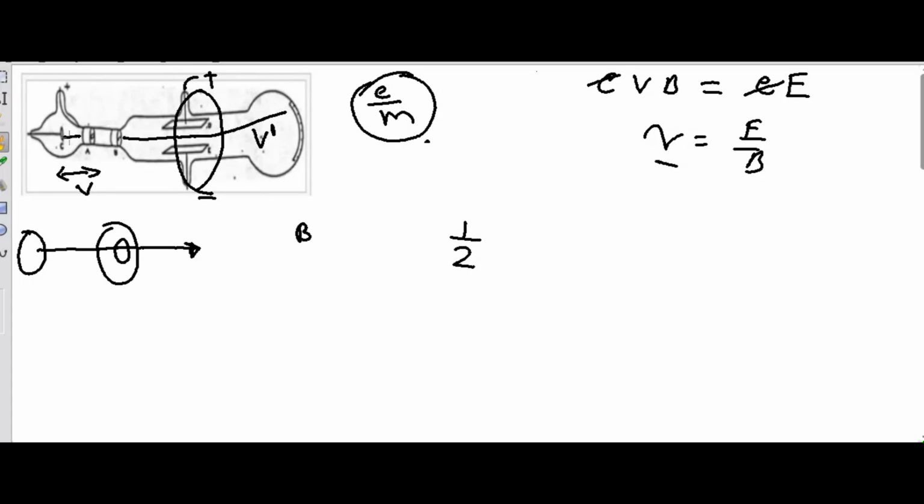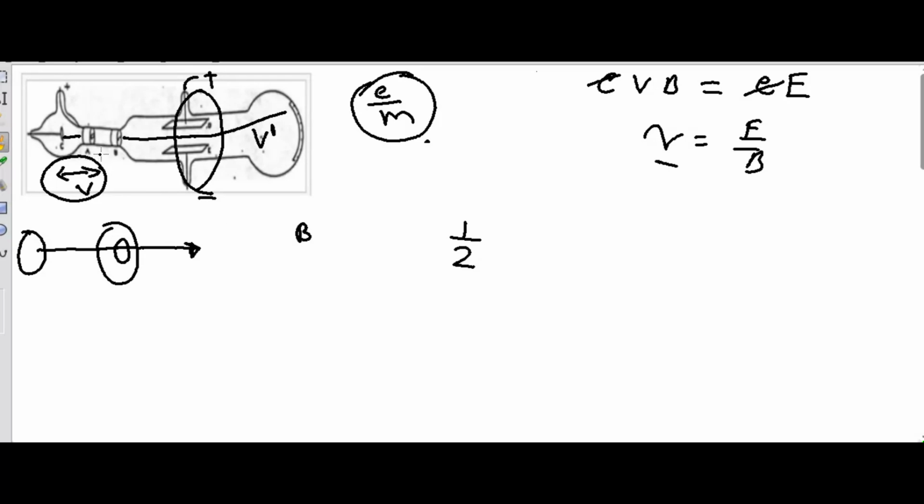Let me define the potential difference between the cathode and anode as capital V. Note, capital V is not the potential difference between this plate and this plate. Capital V is the potential difference between the cathode and anode. I have defined the potential difference between this plate and this plate as V dash.